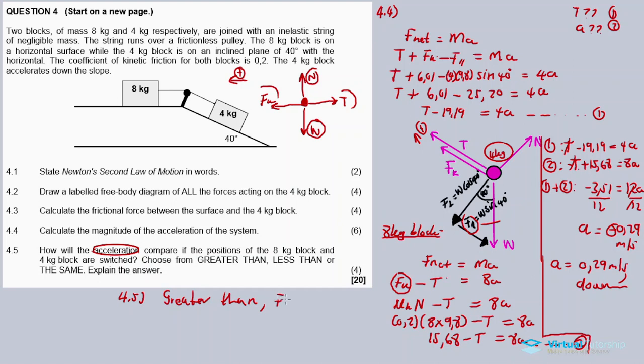So two things are affected here. The parallel component increases, and what else increases? The net force.